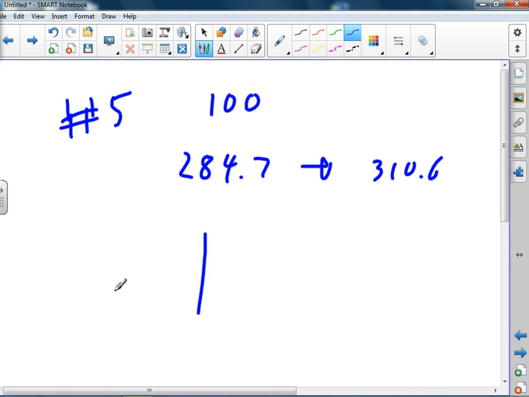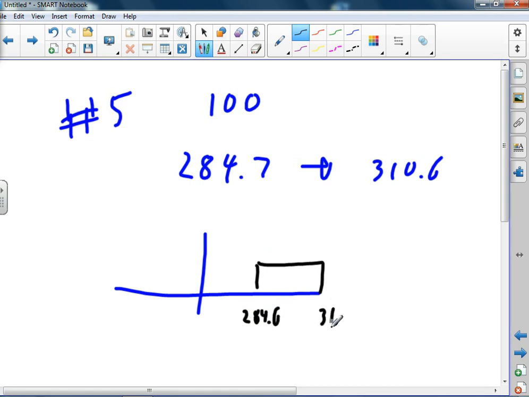Okay, so I have some chart of this. I've got some uniform distribution between 284.7 and 310.6. Give a mathematical expression of the probability density function for the driving distance.